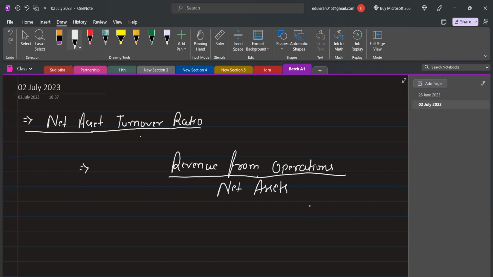Okay. Can you tell me how to calculate the net sales? Cost of goods sold minus gross profit.